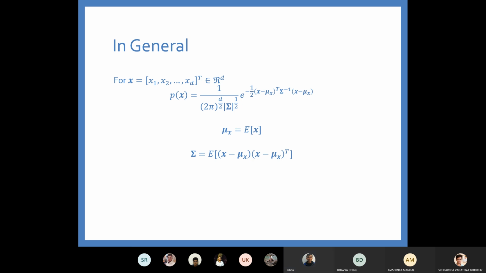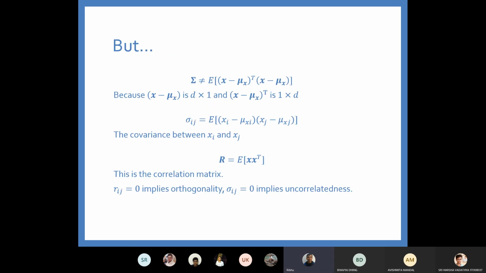So the last thing that we asked was that how is this different from, and when the virus interrupted us. So yeah, the answer is in the slides now. You can see that x minus mu x is a d times 1 matrix, and x minus mu x transpose is a 1 times d matrix.